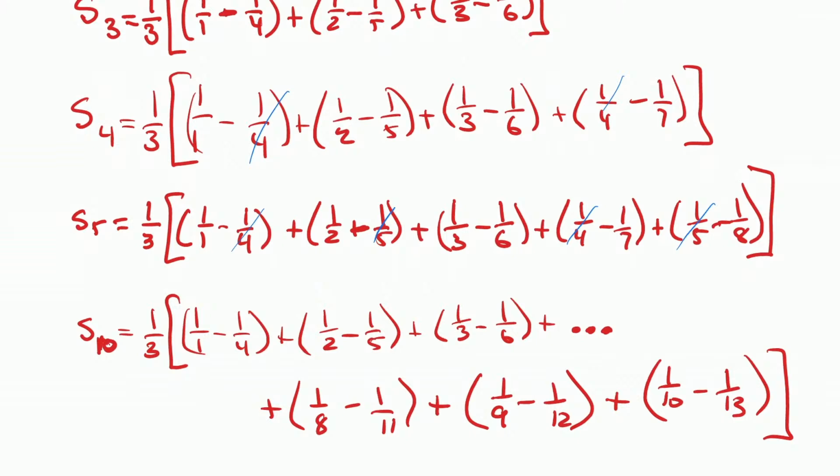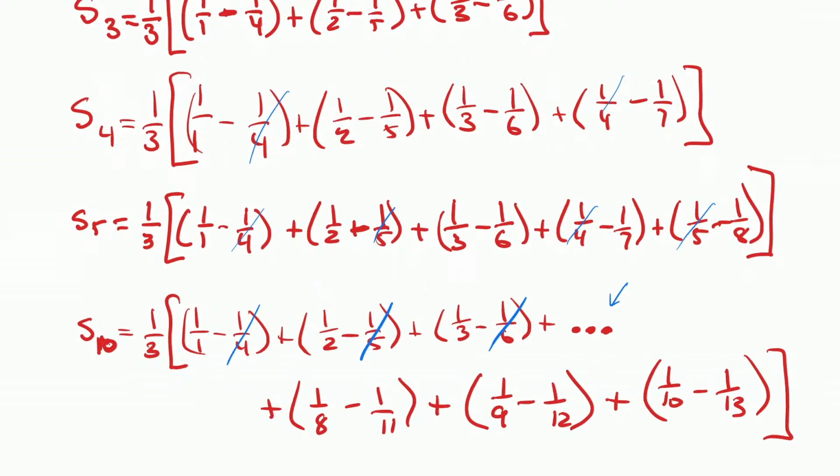Now here's the cool thing. If you notice the pattern, this 1/4 will cancel with this 1/4, and this 1/5 cancels with this 1/5. So lots of stuff is going to cancel. This 1/4 will cancel with something in the ellipses, actually the very next term. The 1/5 and the 1/6 also will cancel.